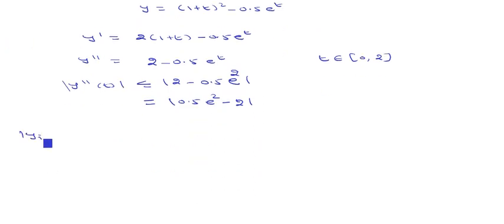Now yi minus wi is less than or equal to Mh by 2L e power L times (ti minus 0) minus 1.